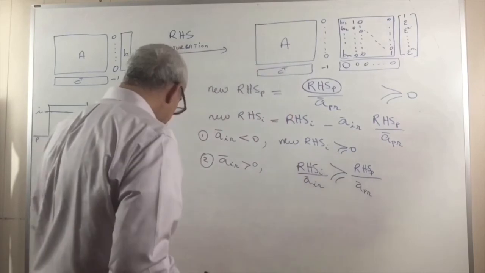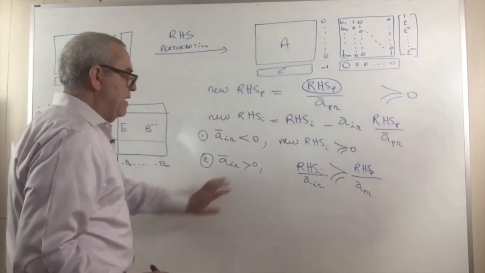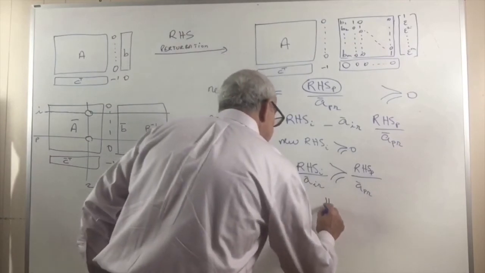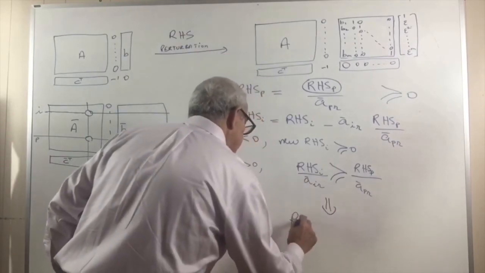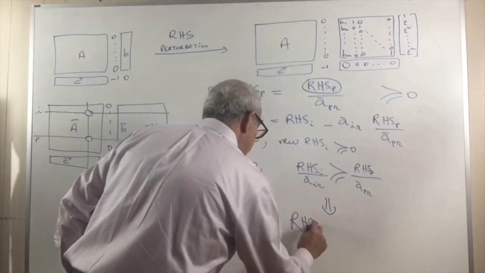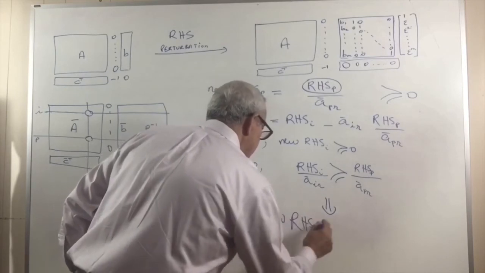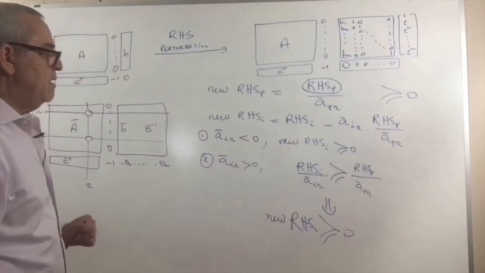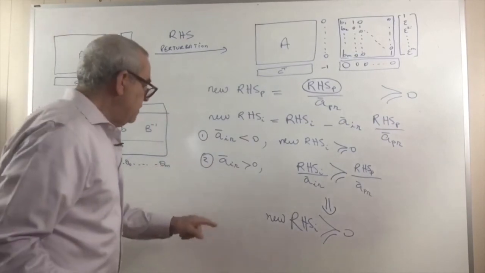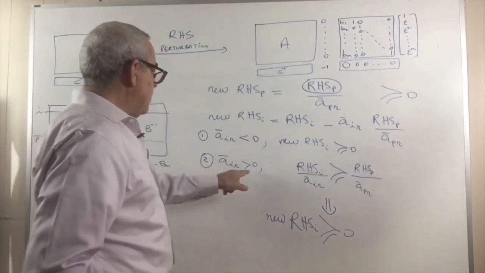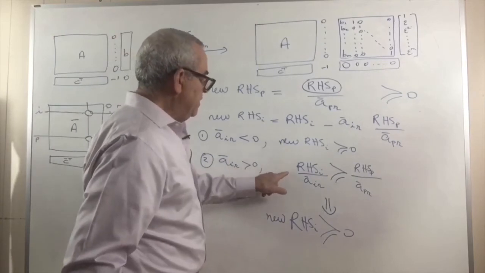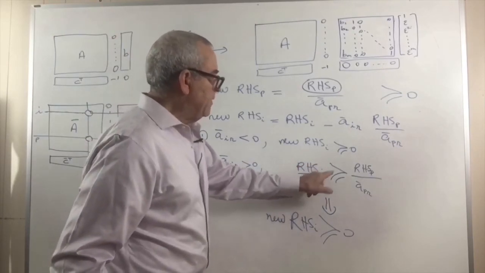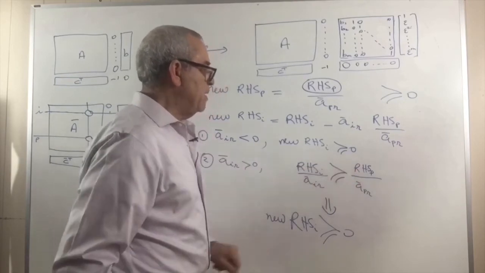If I have this statement here, this will imply that the new right-hand side of I is lexicographically greater or equal to 0. It's obvious. So I need to ensure that for all I with A bar of IR positive, the right-hand side of I divided by A bar of IR is greater or equal to the same thing for the pivot row.